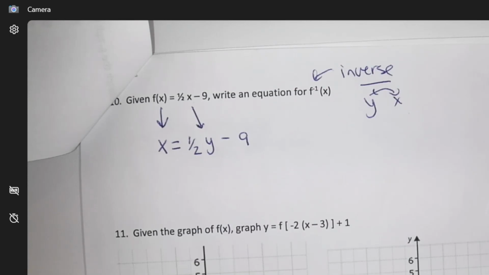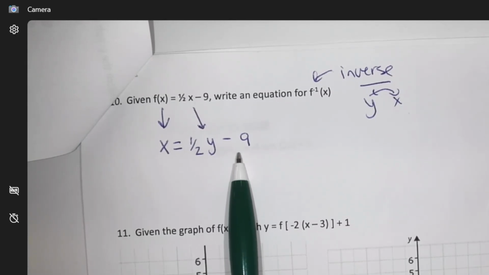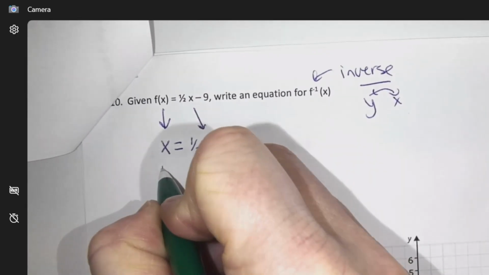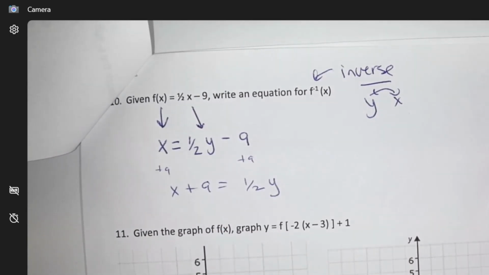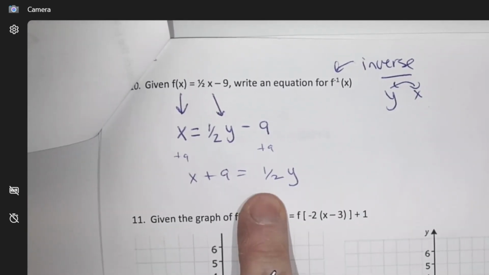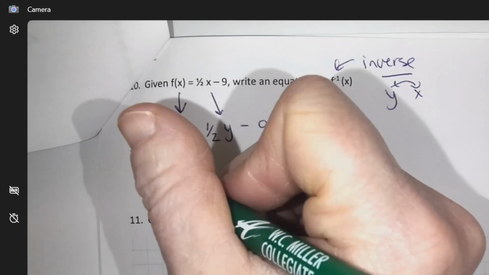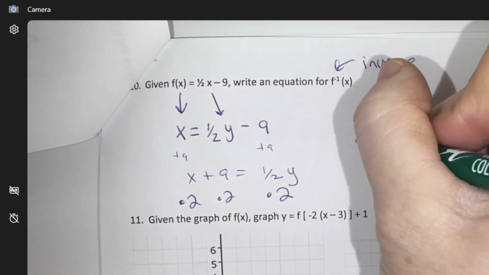Okay, so I switched x and y, and now what do you have to do? You have to try to get a new equation with a y equals. So get me this alone. So I'm probably going to add 9. And then I need to get rid of the half, so then I would have to times everything by 2.